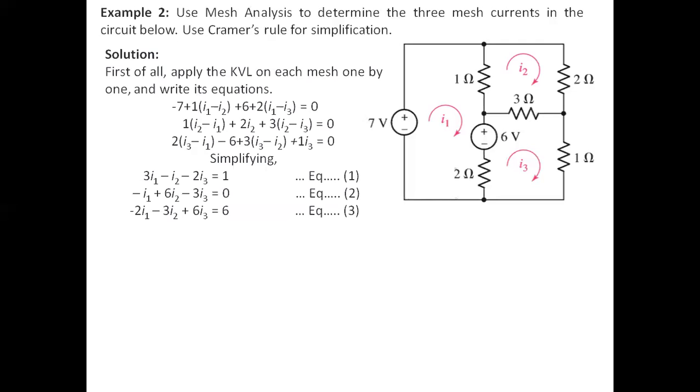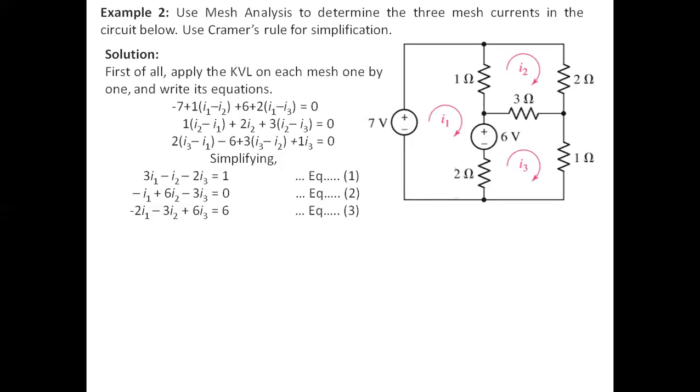Similarly, what is the second one here? 1 into (I2 minus I1) plus 2 into I2 plus 3 into (I2 minus I3) equal to 0. No source, right? And the third one, what will you get here? 2 into (I3 minus I1) minus 6 plus 3 into (I3 minus I2) plus 1 into I3 equal to 0.